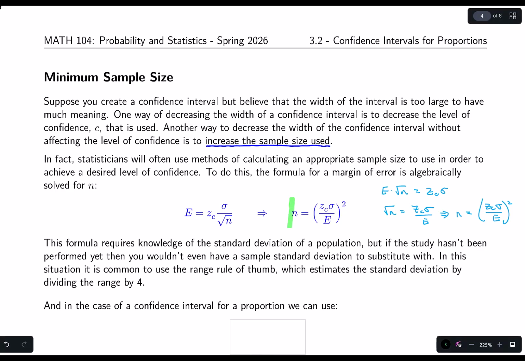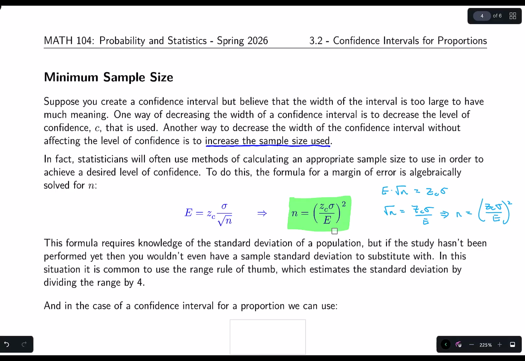So that is a formula for the minimum sample size required to keep a certain level of confidence and rein in the length of the width of your confidence interval. Now, this formula requires the values of three things.